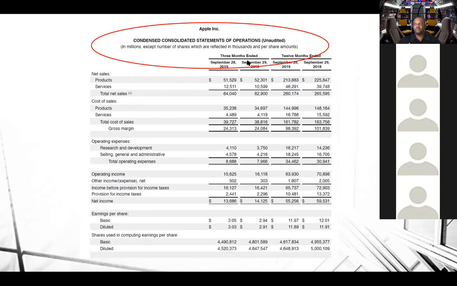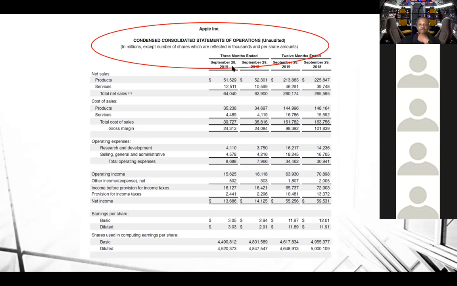Remember we talked about the income statement is reported over a period of time. So you can see here at the top, 12 months ended, starting from September 30th of 2018 all the way to September 28th of 2019.